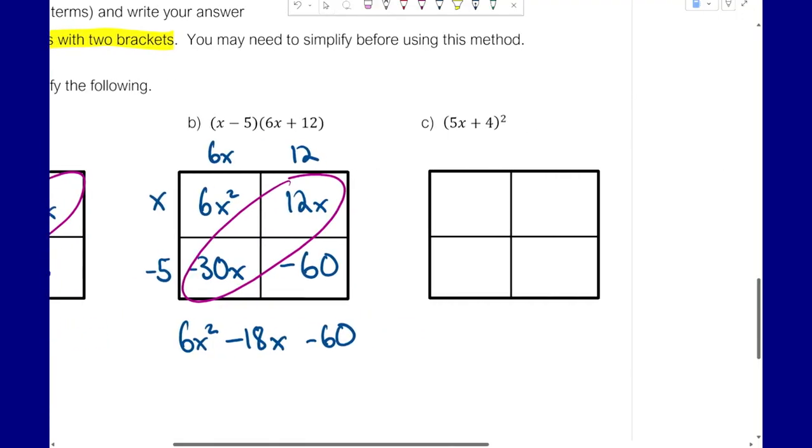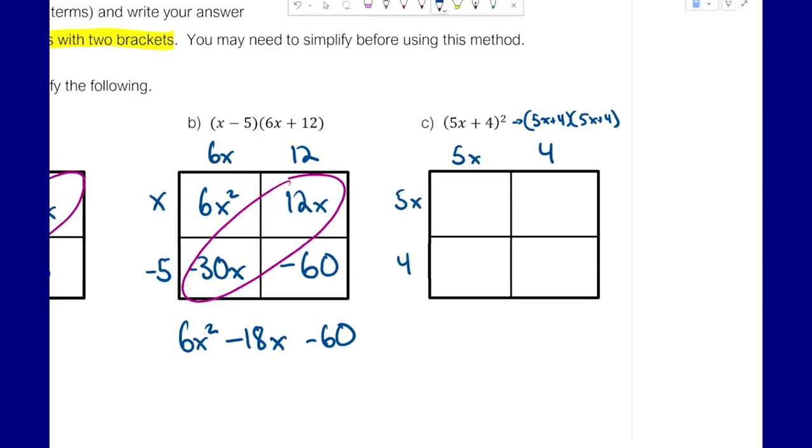I can do it for examples where we have the exponent, because I can just rewrite this as 5x plus 4 times 5x plus 4. So I'm going to put each bracket, 5x and 4, 5x and 4, and I have it set up now.